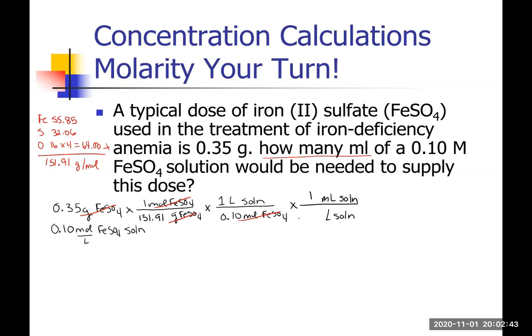The 1 by the prefix, and 1 times 10 to the minus 3 is the power of 10 for milli. Now I see that I can cross cancel everything. And if I would have been smart, I would have just done this all in one fell swoop.